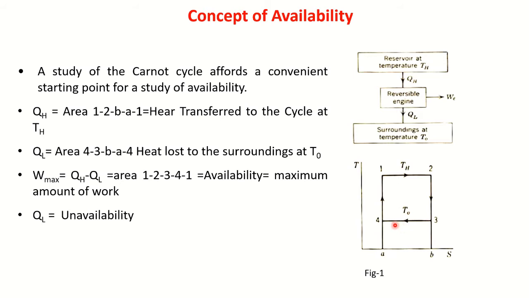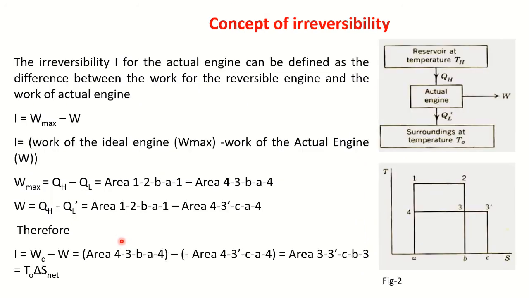This you call unavailable energy. So maximum work is QH minus QL, that is area 1, 2, 3, 4, 1. You call it availability or the maximum amount of work done, and the other is unavailability. We'll calculate the maximum amount of work done.